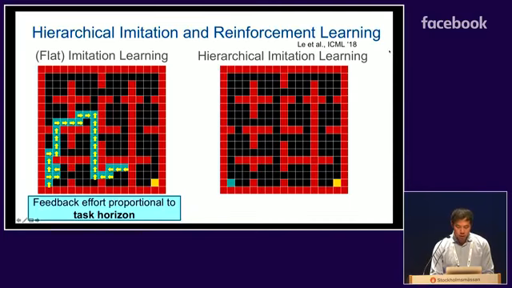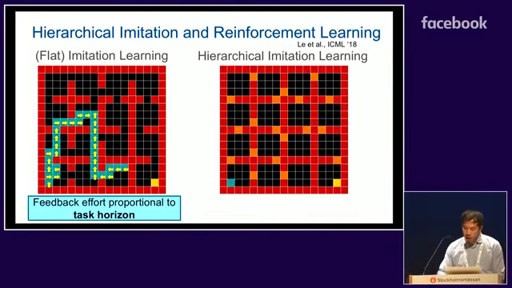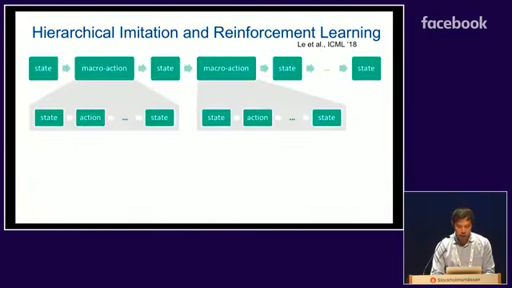In this case, we would want to have a high-level policy that decides which macro actions we're going to take. For example, a macro action in this case would correspond to going to one of the exit doors given the room that you're in. And in this paper, we propose a type of expert feedback that essentially requires much less effort from the teacher.